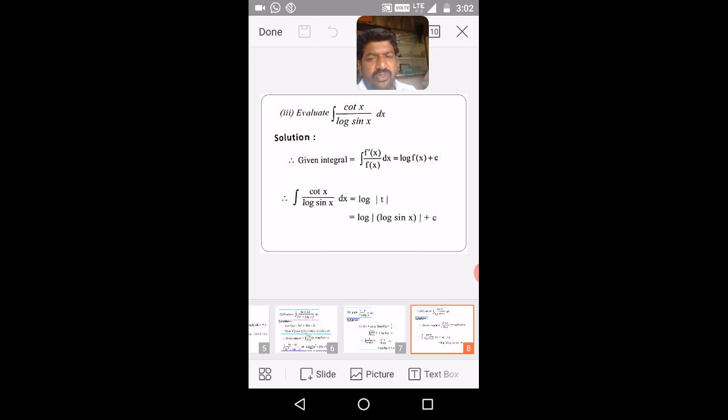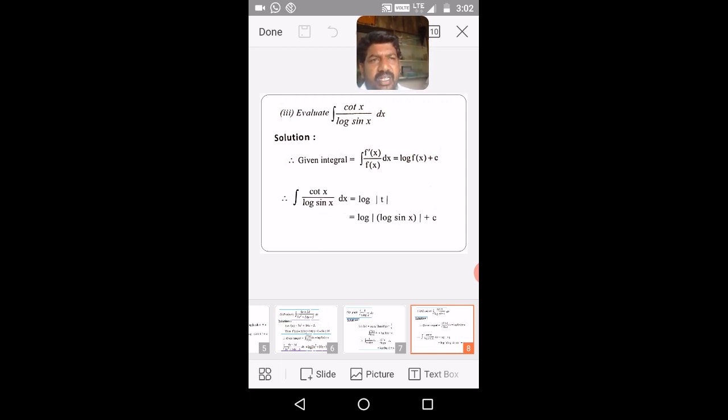Then differentiating with respect to x, f dash x is 1 by sin x into d by dx of sin x, which is cos x by sin x, that is cot x. So f dash x equals cot x, which is the numerator.